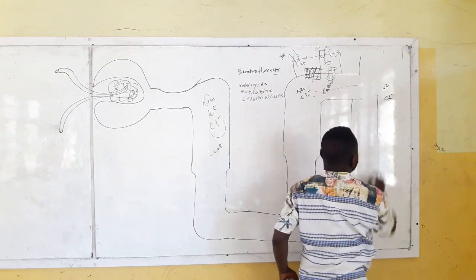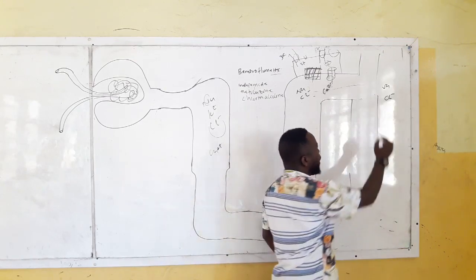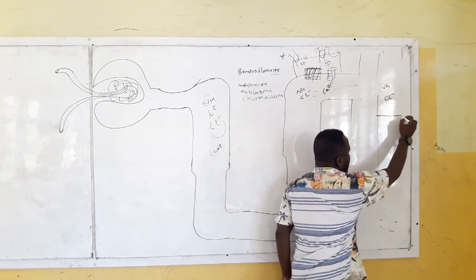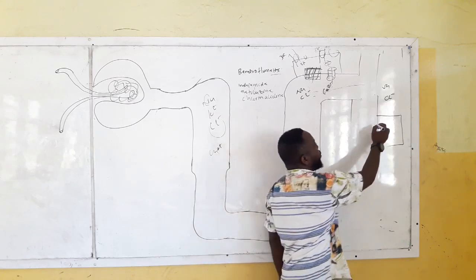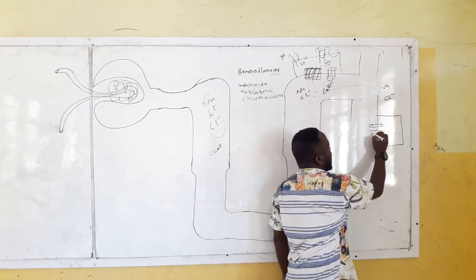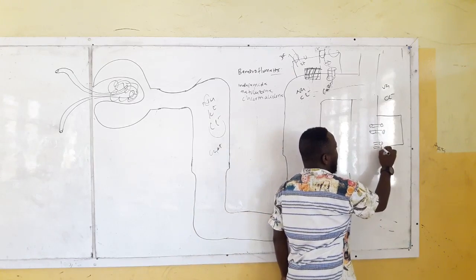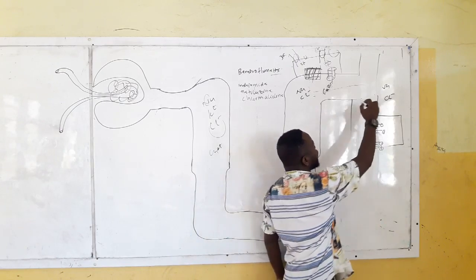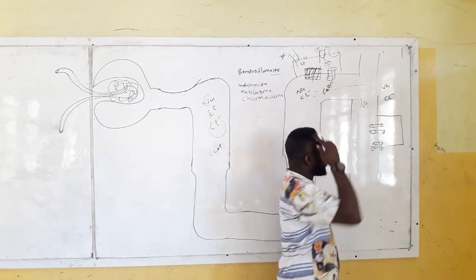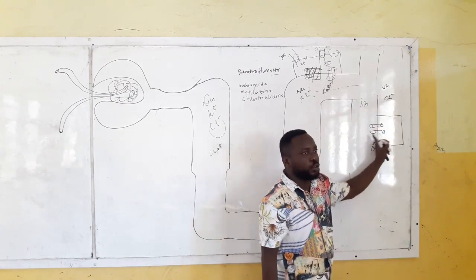If this is the principal cell of the collecting tubules, if we extend the cell a bit, at the luminal side of the principal cells we have sodium channels, and we also have potassium channels. If the sodium load coming here increases, it increases the workload of the sodium channels.